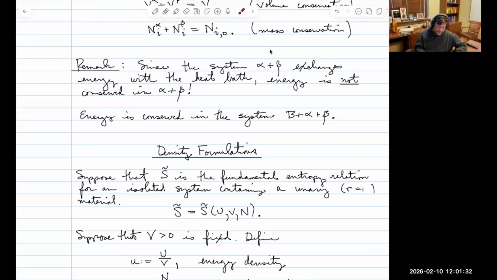Okay, so since the systems alpha and beta can exchange energy with the heat bath, in this system, energy is not conserved in alpha plus beta. This might be a bit of a stumbling block for you because in our previous considerations for the equilibrium of two subsystems, alpha and beta, we had conservation of energy.